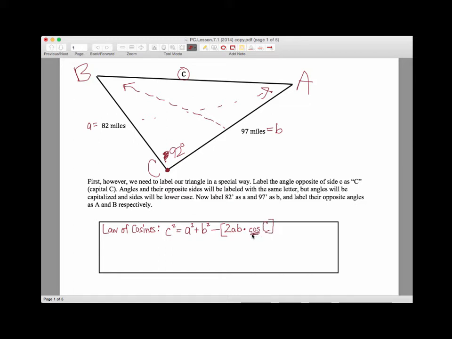It's called the law of cosines, of course, because we're ending with a cosine trig function. That's where it gets its name. So with this law, we should be able to solve this triangle.